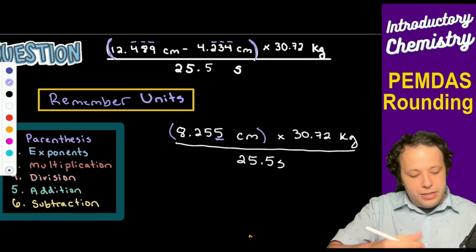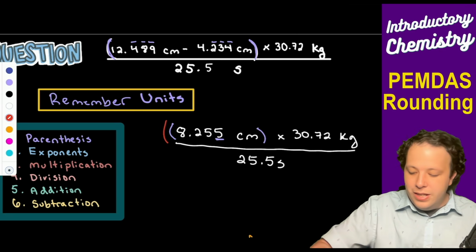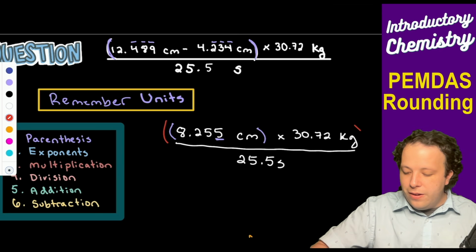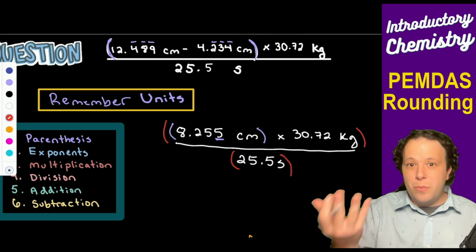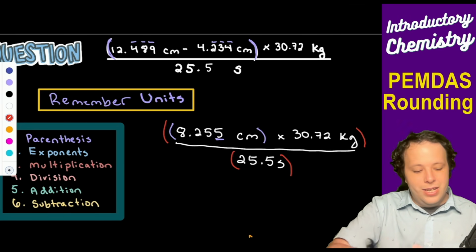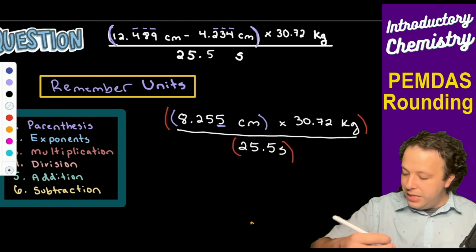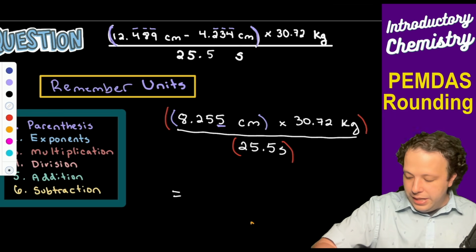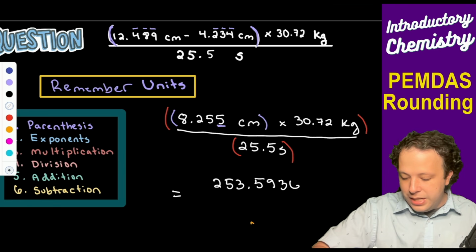The next step is, remember that I said that everything in the denominator and the numerator, assume that they are in parentheses. So we're going to assume the top and the bottom are in parentheses. We're going to do our order of operations, multiplication on top first. When we take 8.255 times 30.72, we are going to get 253.5936 divided by 25.5 seconds.